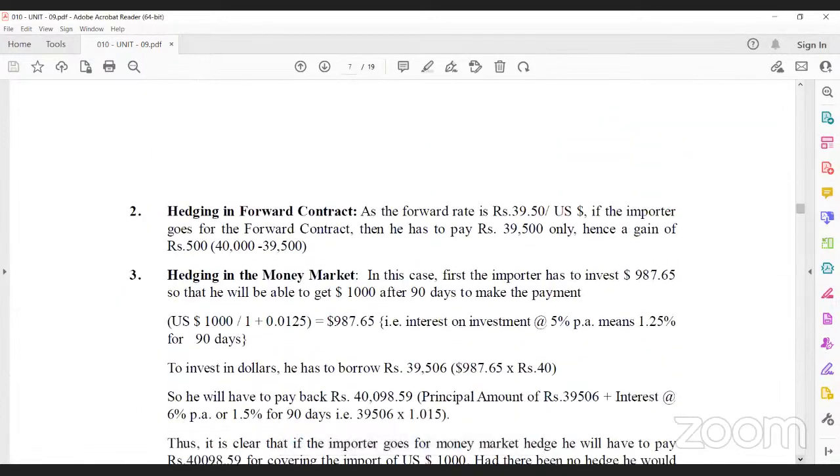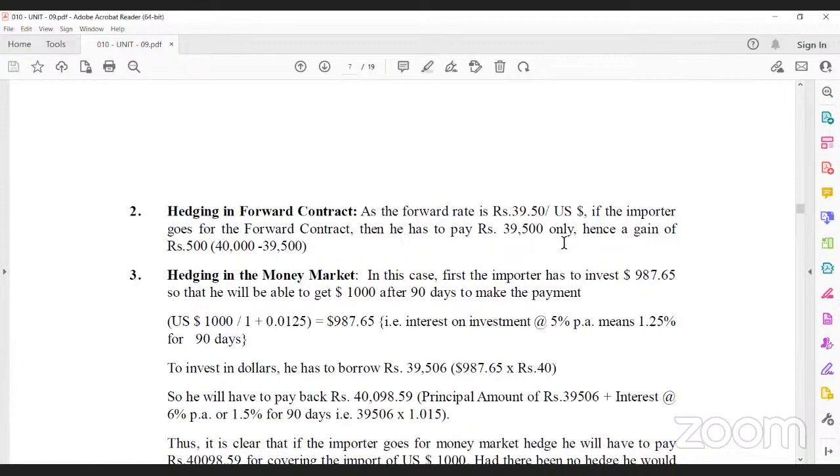Next, let's move on. Hedging with forward contract. In case of forward contract, the rate is rupees 39.50 per US dollar.